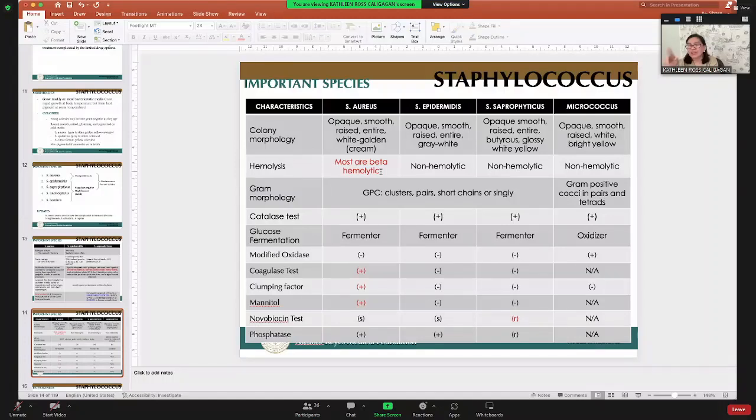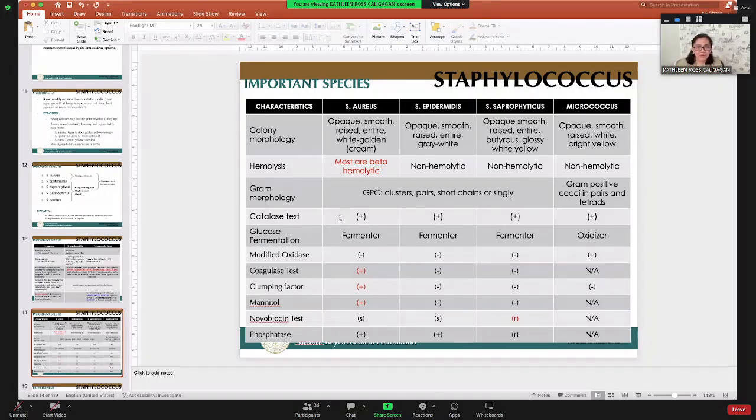While beta hemolysis is complete destruction, so you see a translucent or clear zone around the colonies. While gamma hemolysis is basically no hemolysis. So for this, Staphylococcus aureus is the only species capable of hemolysis.